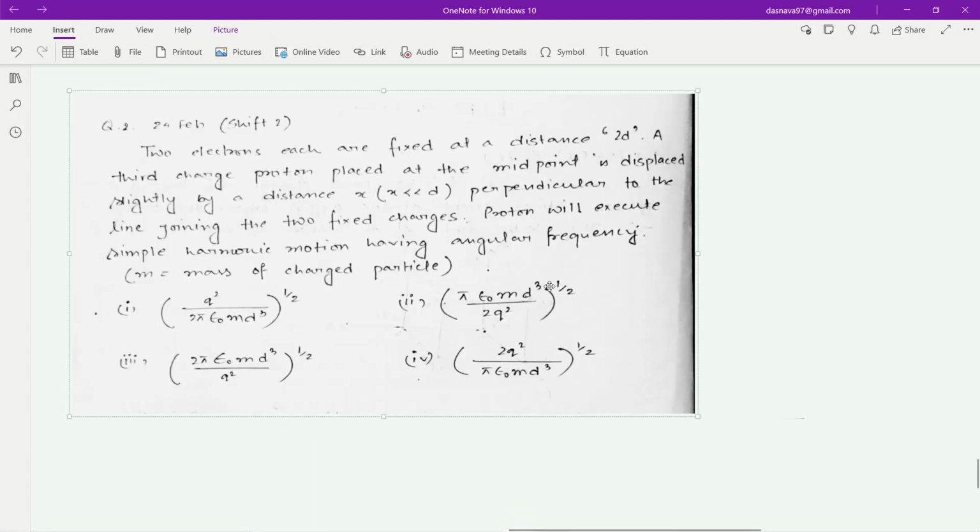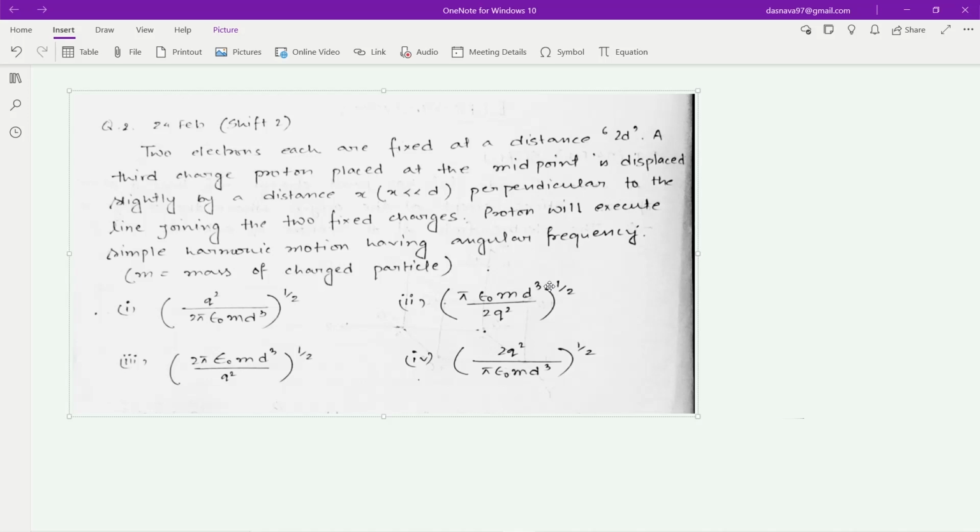So we head towards the next question on 24th February shift 2. Two electrons are each fixed at a distance 2d. A third charge, a proton placed at the midpoint, is displaced slightly by a distance x, where x is very small compared to d, perpendicular to the line joining the two fixed charges.